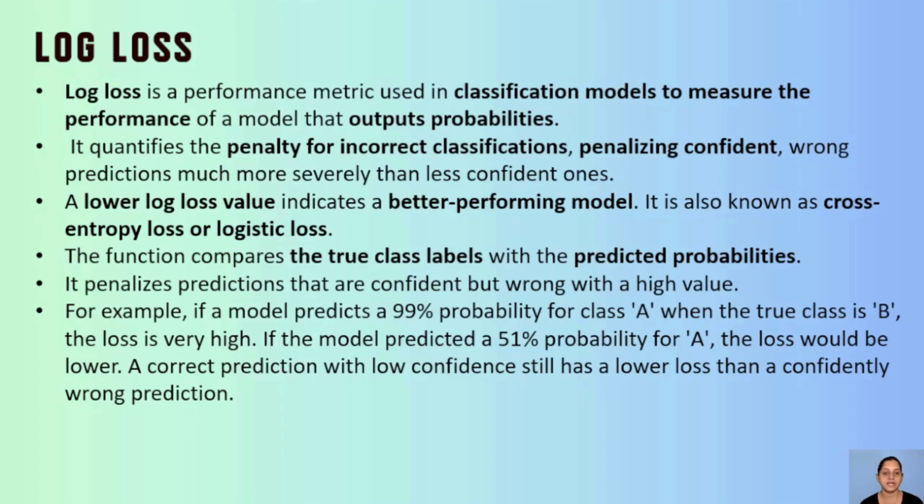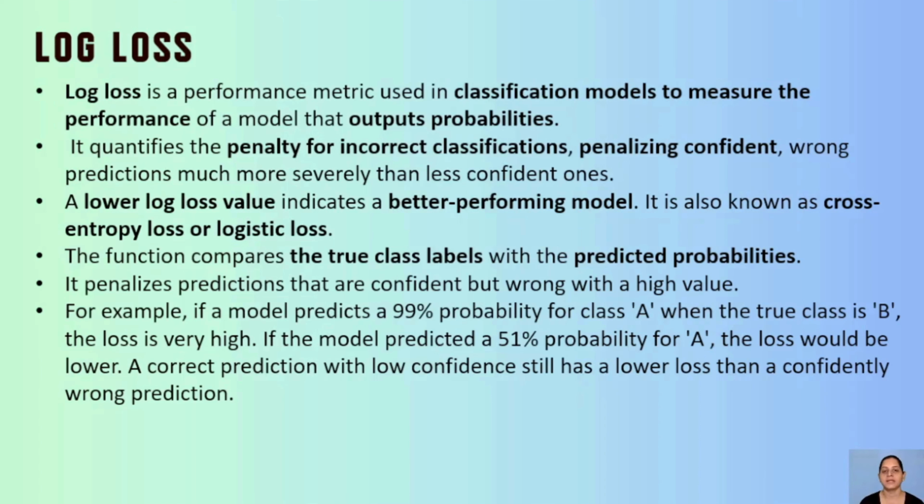Like I already said, it is analyzing the predictions where the confidence is high, because if the model confidently gives a wrong output, that means the model is predicting wrongly, right?